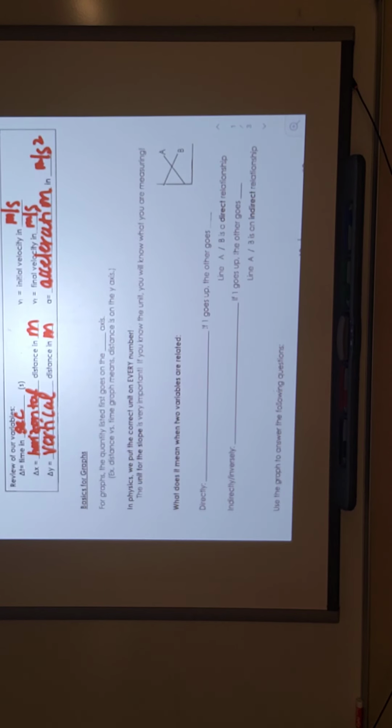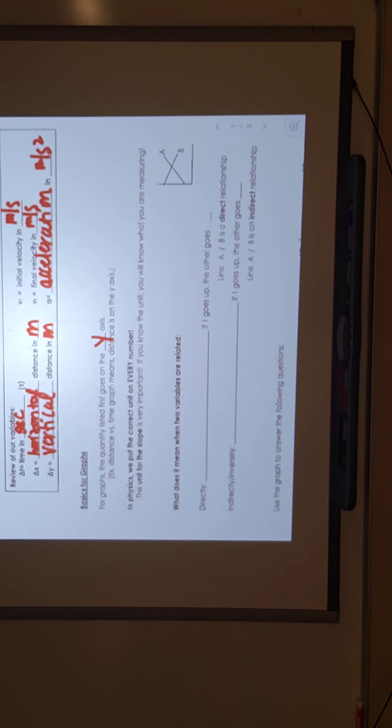All right, knowing the basics for graphs. When in physics we look at a graph, the quantity listed first will always go on the y-axis. For example, a distance versus time graph means that the distance is going to be on the y-axis. So as you're setting up a graph, if it was distance versus time, I'm just going to use this graph down here in the corner.